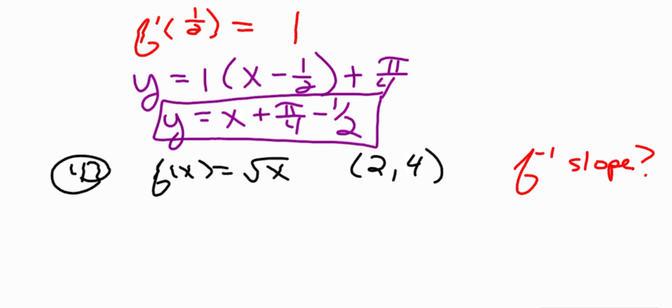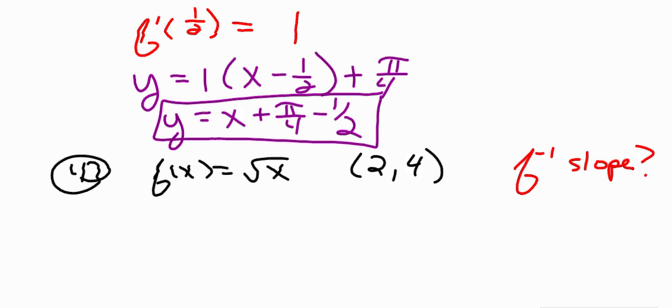I'm going to evaluate this one if I found the inverse. Well, let's see first if I put this in exponential form. I could do it that way, or I think in this case, I might find the inverse first. Let's go ahead and try that.